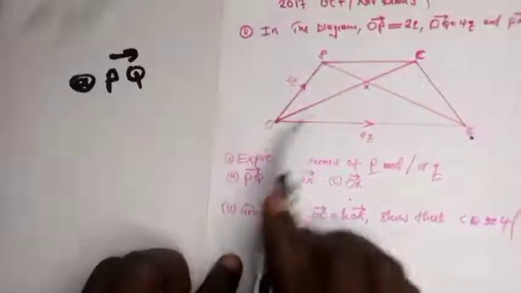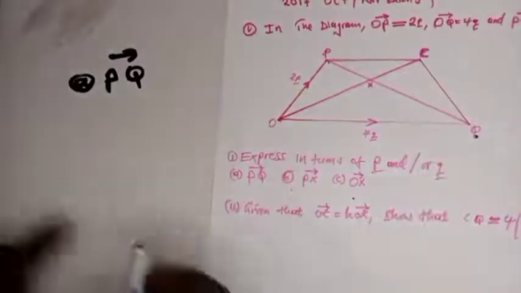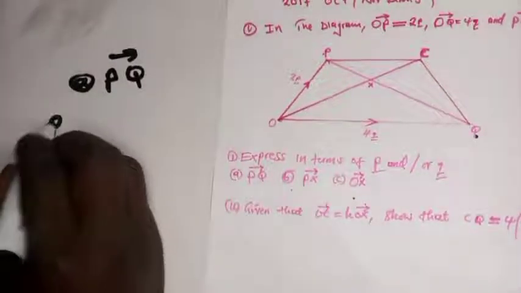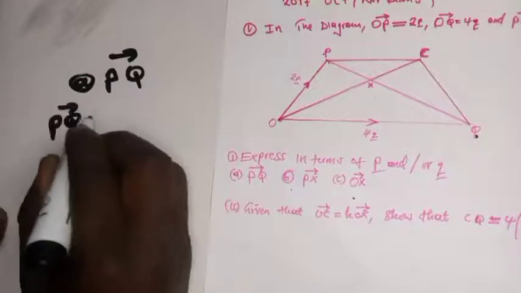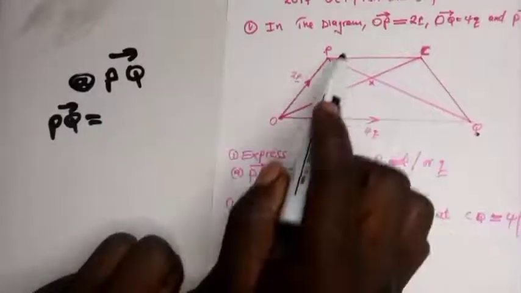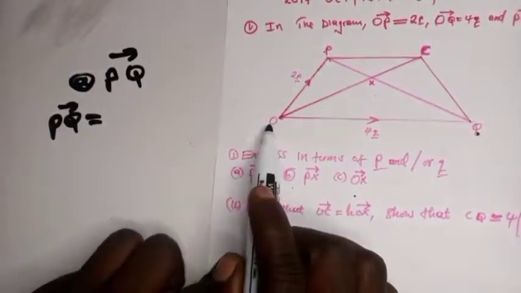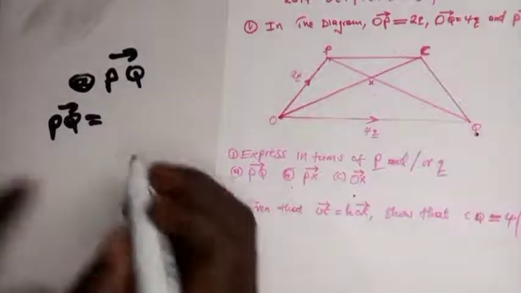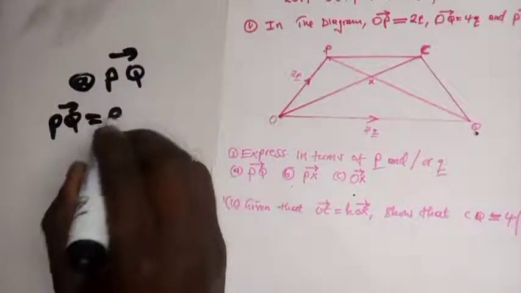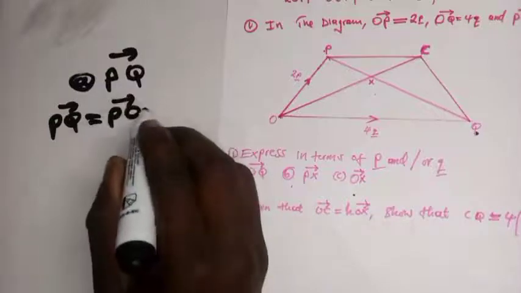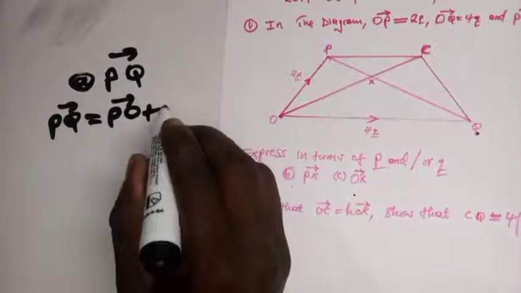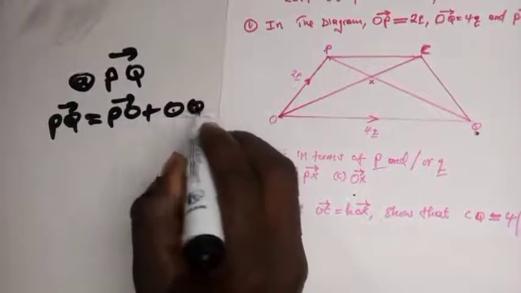The solution of a: we are asked to find PQ. So PQ is equal to PO plus OQ.